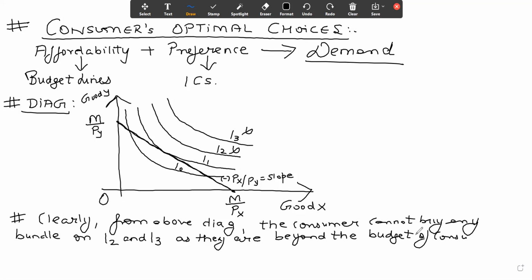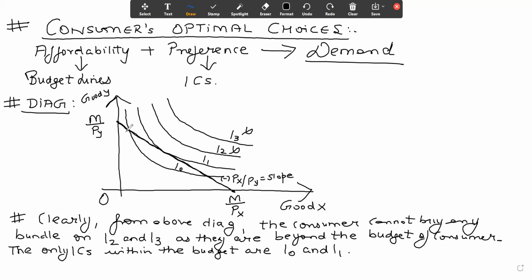The consumer cannot afford them. The only ICs within the budget are I0 and I1.